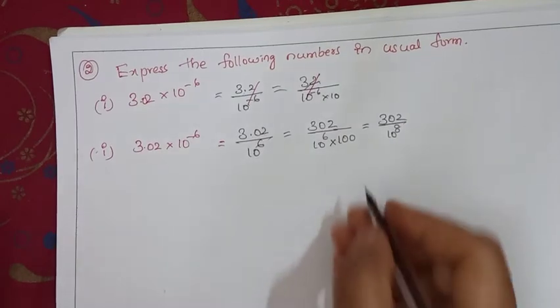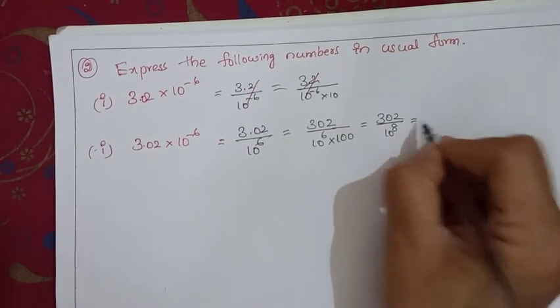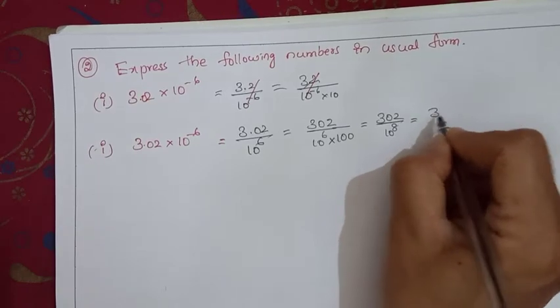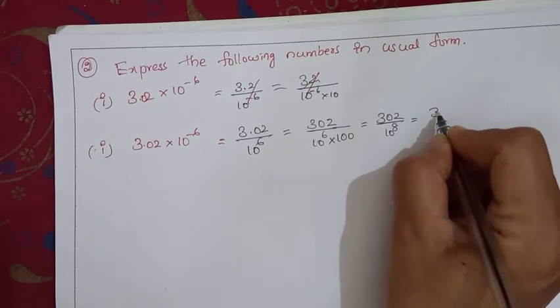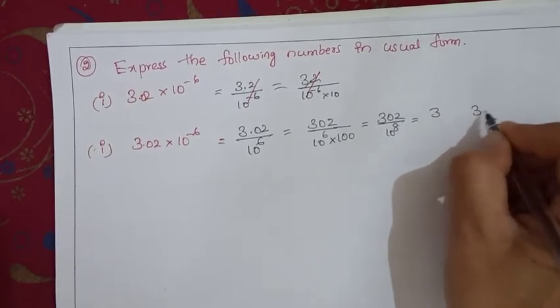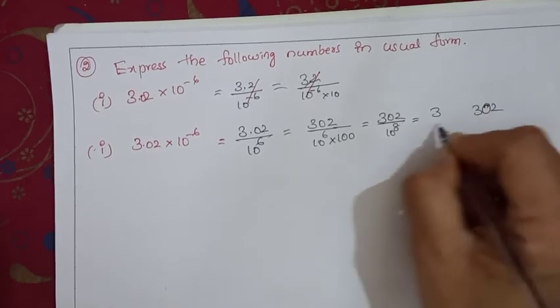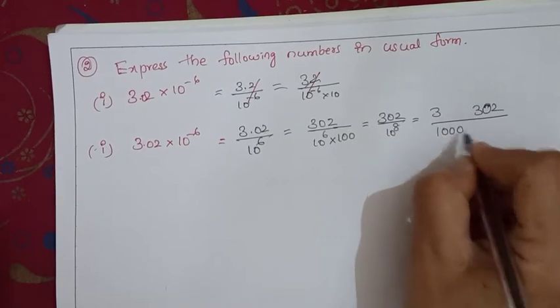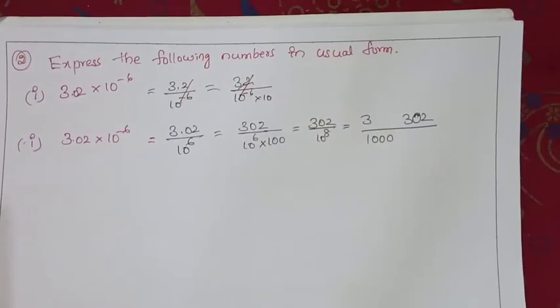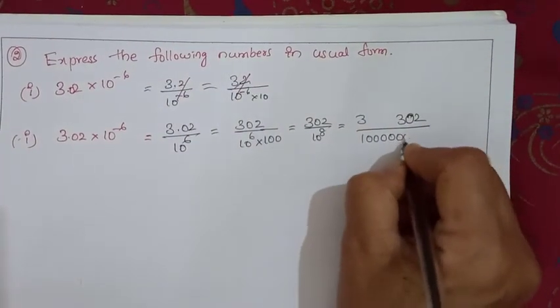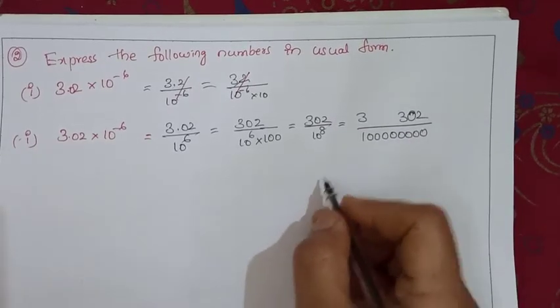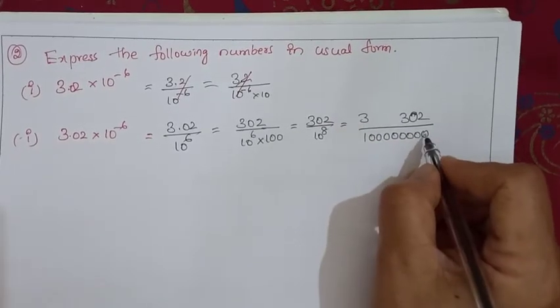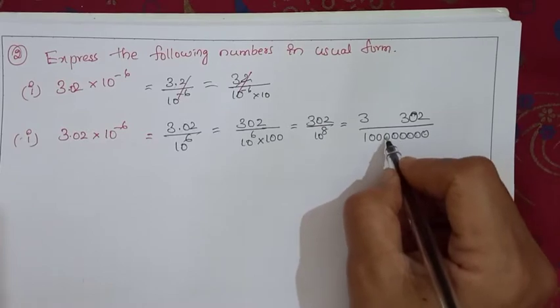Okay, now I will expand this form. 302 by 8 zeros. 1, 2, 3, 4, 5, 6, 7, 8.